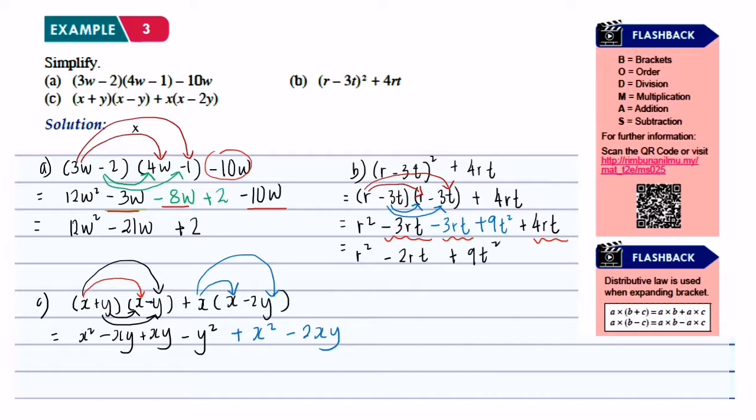Okay, after we open the bracket, now we need to find the like terms. Okay, negative sy, sy, and also negative 2sy. And we also have like terms s squared, right? So s squared plus s squared equals 2s squared.